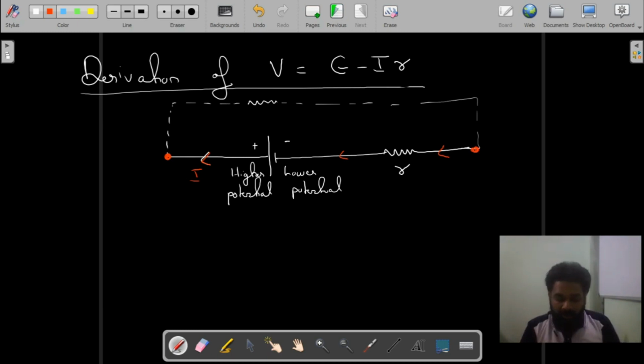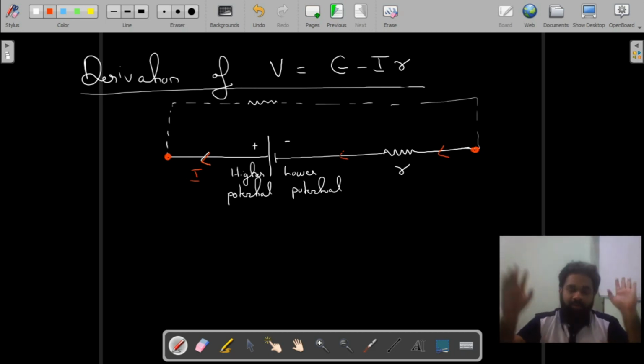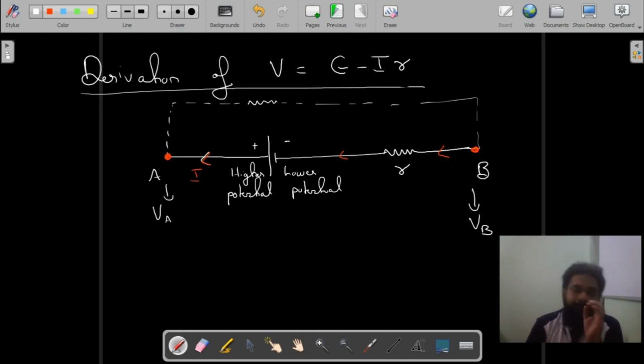The two terminals of a battery are the same as the two terminals of the external resistance or external circuitry, both are same. Now suppose we consider one end as A and another end as B. Potential at B we will consider as VB, and potential at A we will consider as VA.